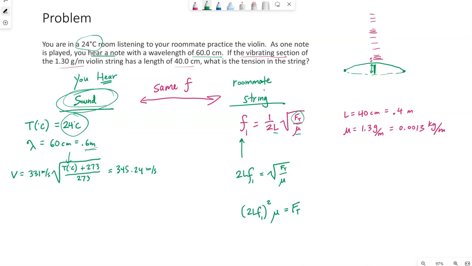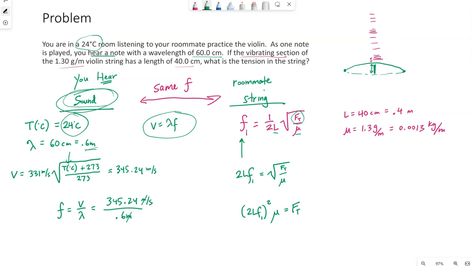So now I have the speed of specifically this sound wave. The problem gave me the wavelength of this sound wave. And I know for every type of wave that the speed is equal to wavelength times frequency. So even though wavelength and frequency don't determine the speed, I can certainly use this relationship to find one value if I know the other two. So the frequency of the sound wave that we're listening to will be the speed of the sound wave divided by the wavelength of the sound wave. So we have our speed, our wavelength of 0.6 meters.